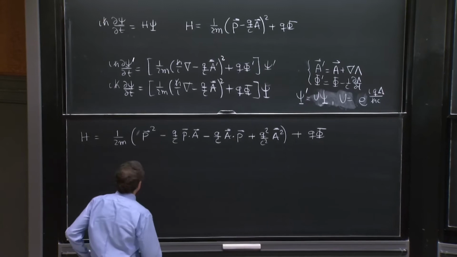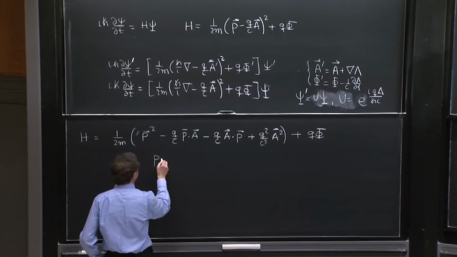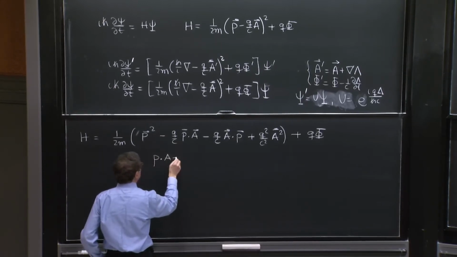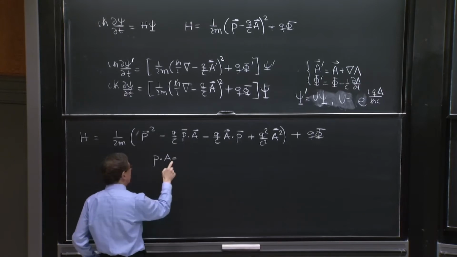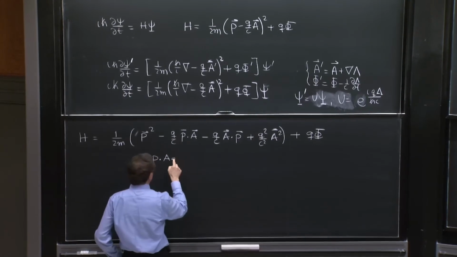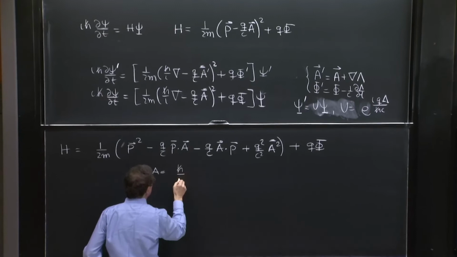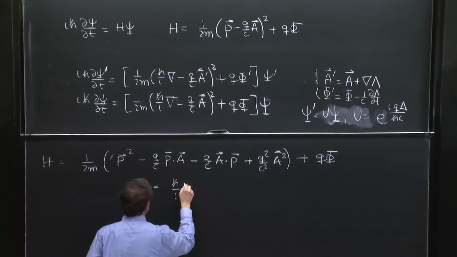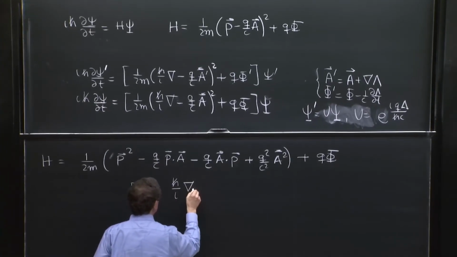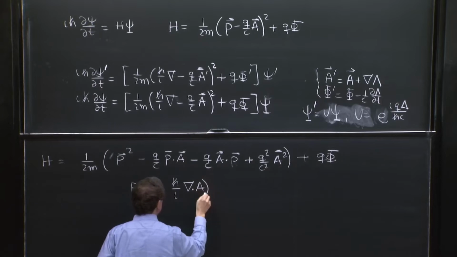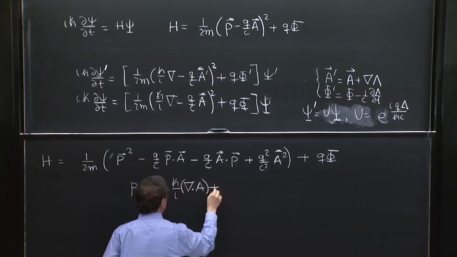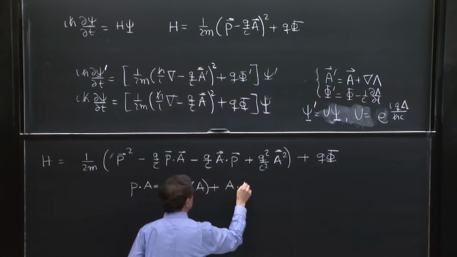So p dot A, if you think of it as a derivative, is h bar over i divergence of A plus A dot p.